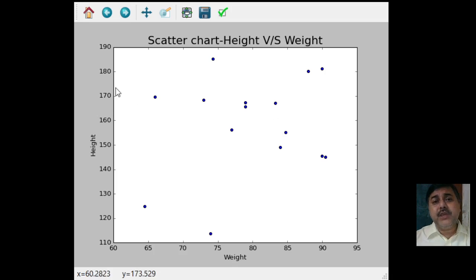So based on the different values of height, that is the y-axis, there is a value on the x-axis. Based on the x-axis and y-axis, we have designed this particular pattern.